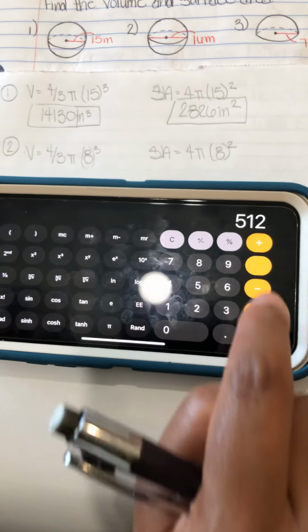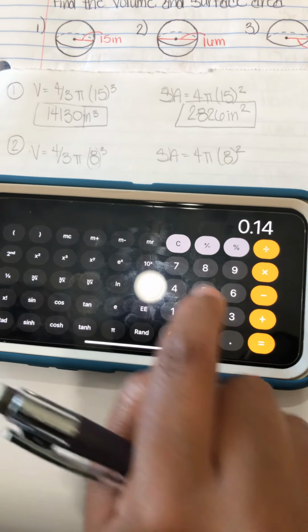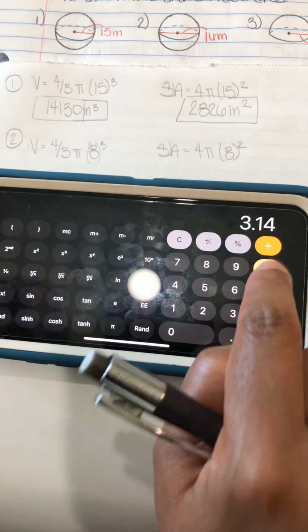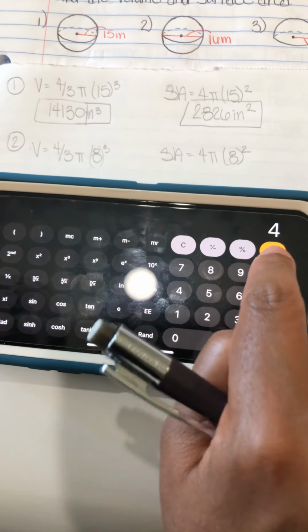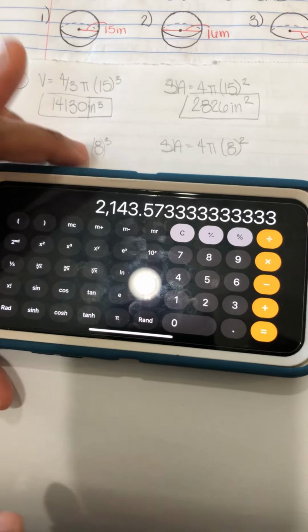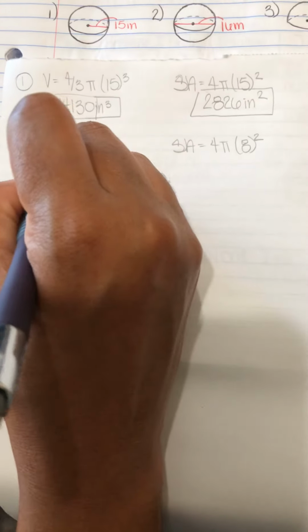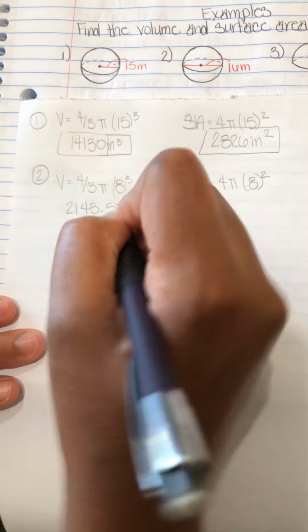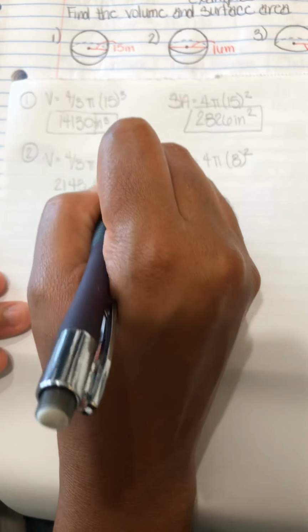And then times 3.14. And then times 4 divided by 3. And so this would be my answer, which is 2,143.57. And this is meters cubed.